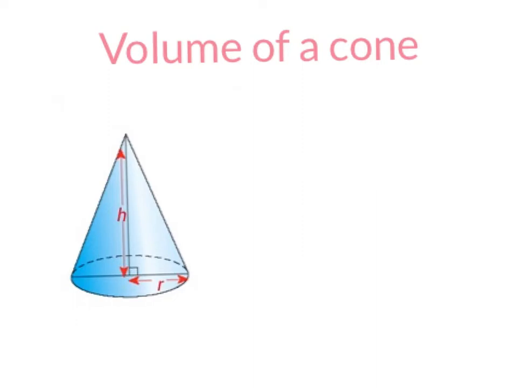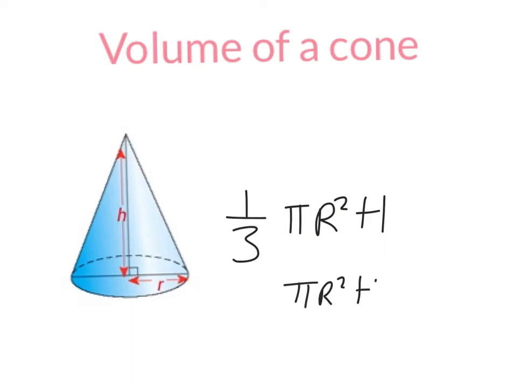So the formula of a cone is 1/3 pi r squared h, or you could write it as pi r squared h all over 3, because remember the 1 goes on top there, and that obviously doesn't have any benefit. So either of those, and it's written in your log tables.